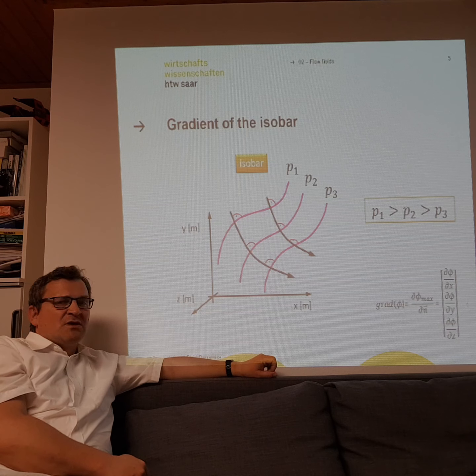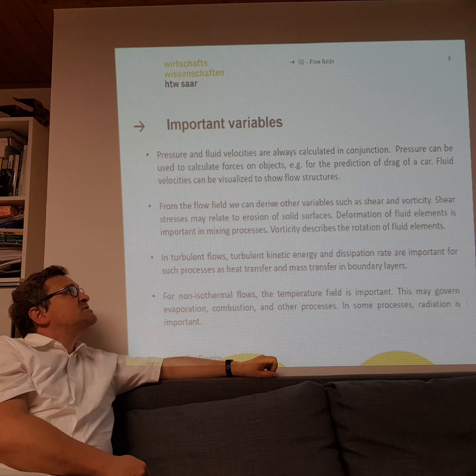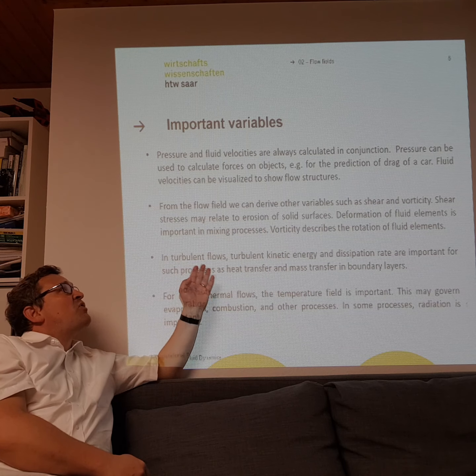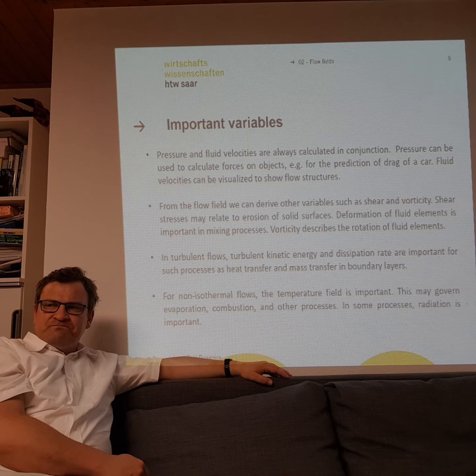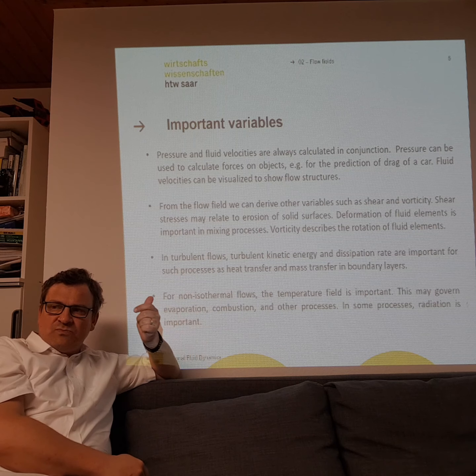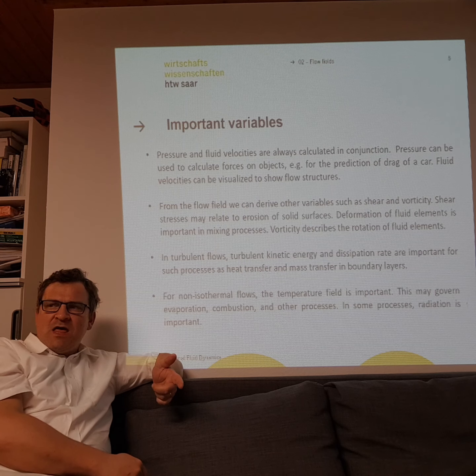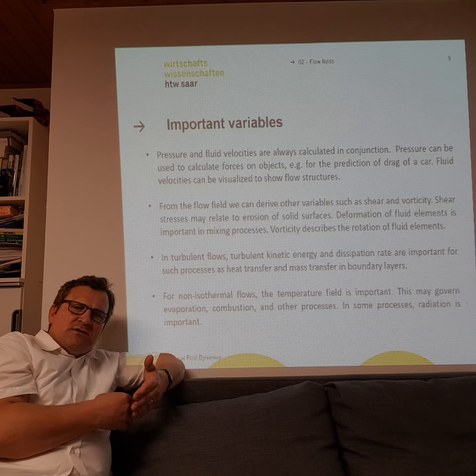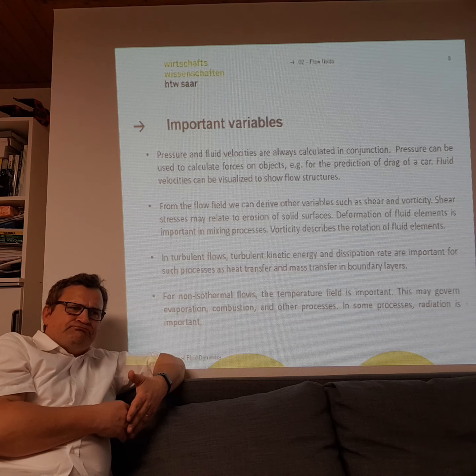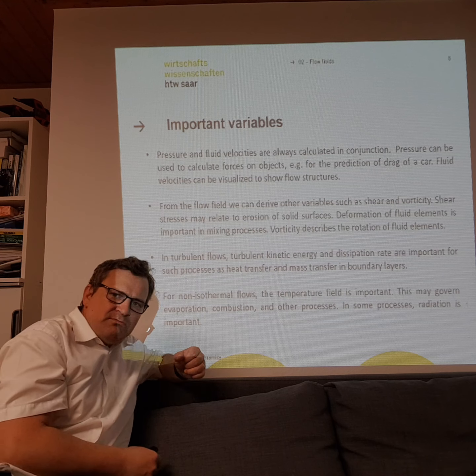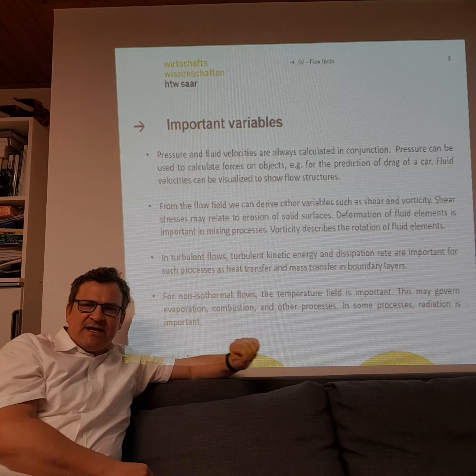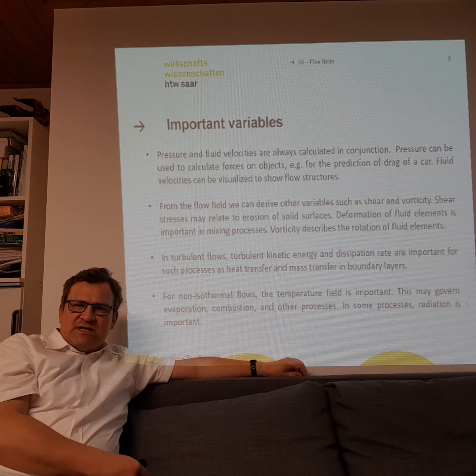Okay, so important variables are pressure and fluid velocity. You have to calculate the interaction between both. Let's explain it like this, and the solver will do it for you.